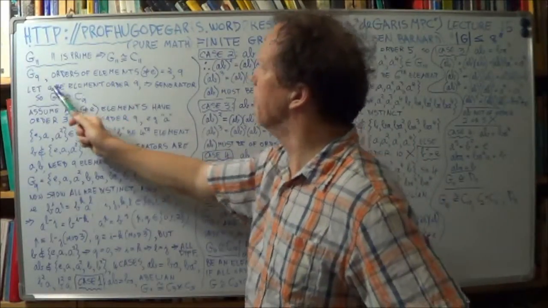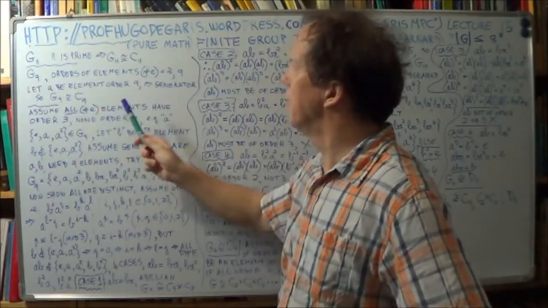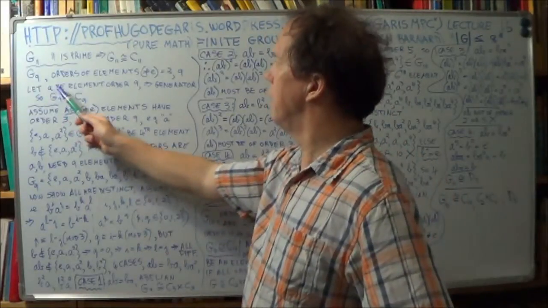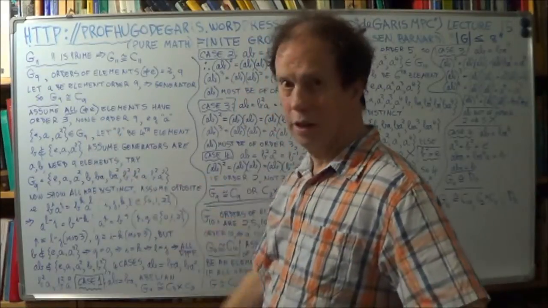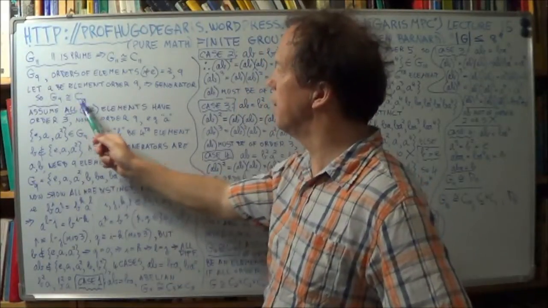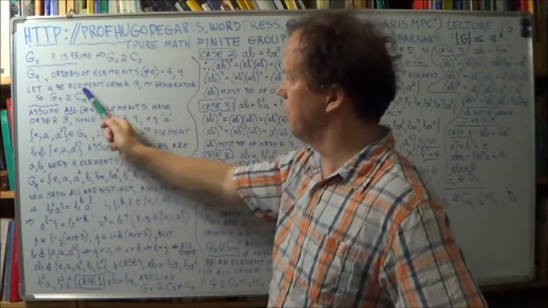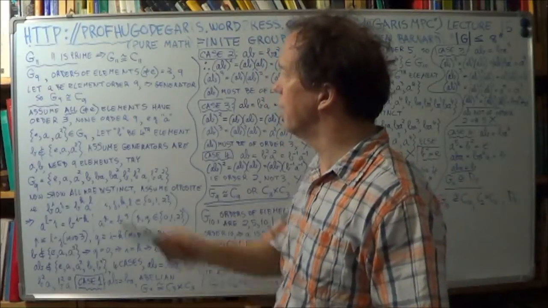Given the order of the group is 9, that makes this element a generator, and hence the group must be cyclic. So here we have one type of group of order 9, it's cyclic.